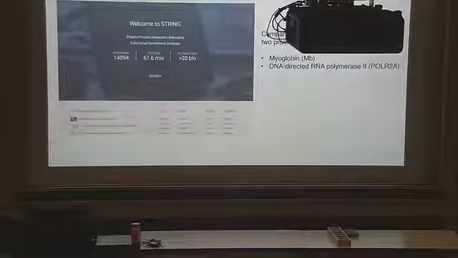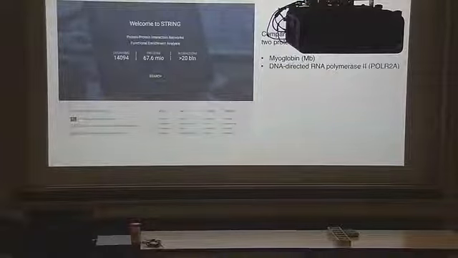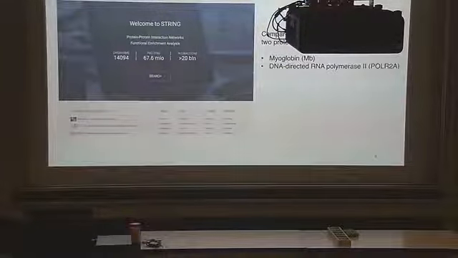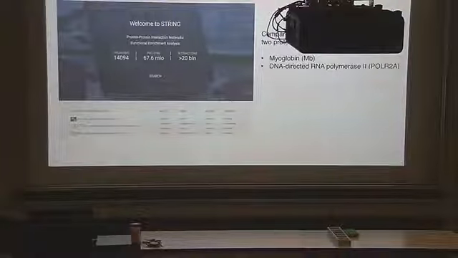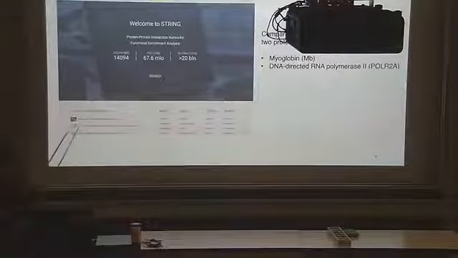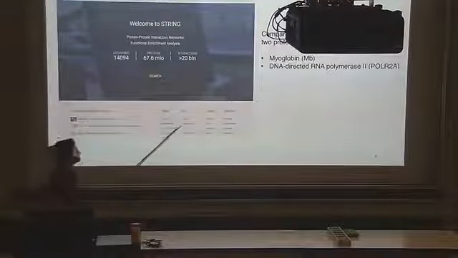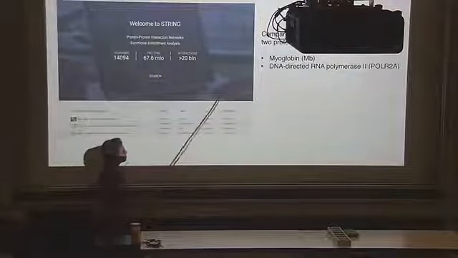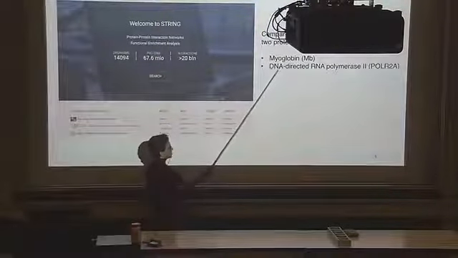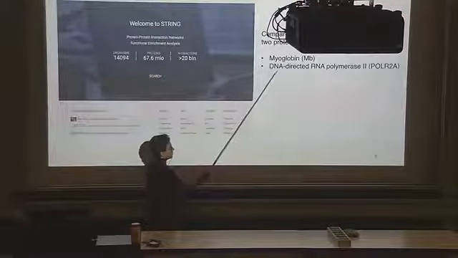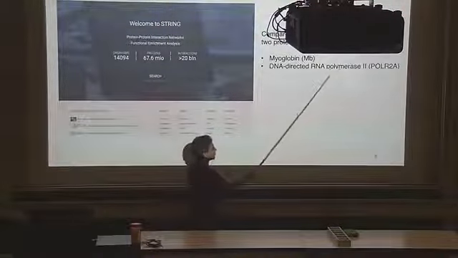Have you worked with the STRING database before? Good. What I would like you to do now is open the STRING database on your laptops or phones and look at two networks: the network of interactions of myoglobin and its partners, and the network of interactions of DNA-directed RNA polymerase and its partners.